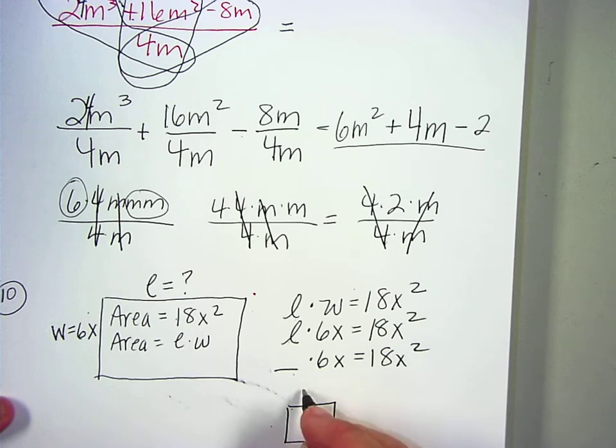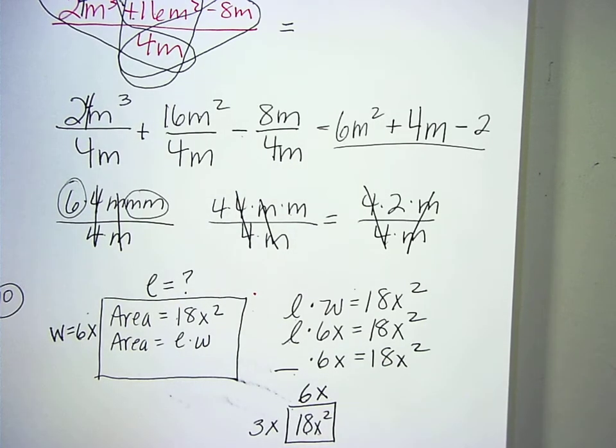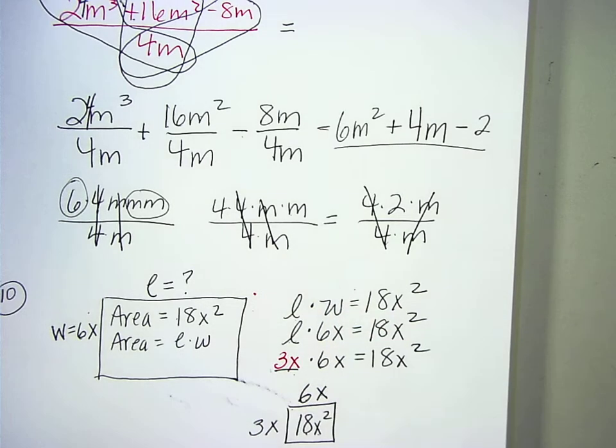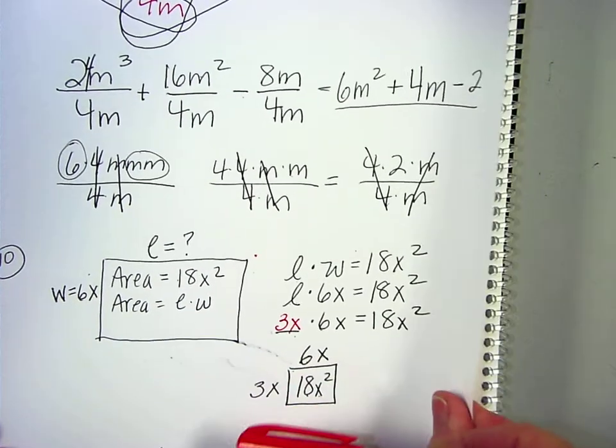Well, 6 times 3 is 18, and x times x is x squared. I think we have our answer. 3x times 6x equals 18x squared, doesn't it? I think so. It's not so bad.